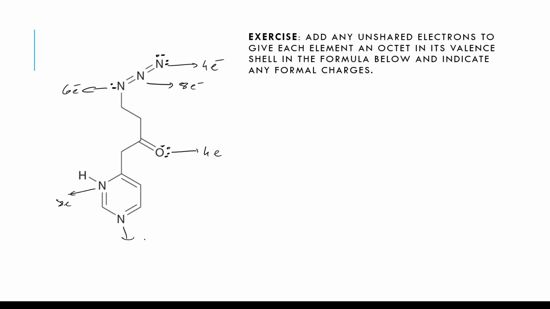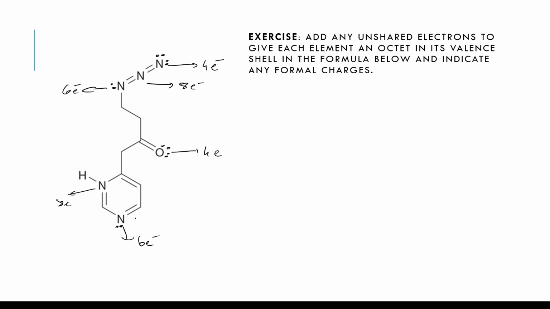And the last one, this nitrogen is surrounded with 6 bonding electrons because we have a single bond and one double bond, so it should have a lone pair. So we placed all the unshared electrons, lone pair electrons.